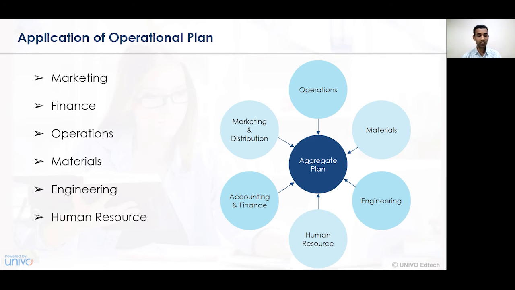In terms of marketing, for coordination of production activities, the operational plan needs to be undertaken. For the coordination of the financial activities, that is availability of budget, increase or decrease in finances, availability of resources, short-term and long-term sources of finance, either from internal or external sources, everything needs to be taken into account, and then the availability of funds needs to be ensured.